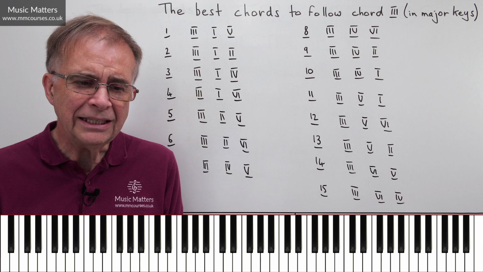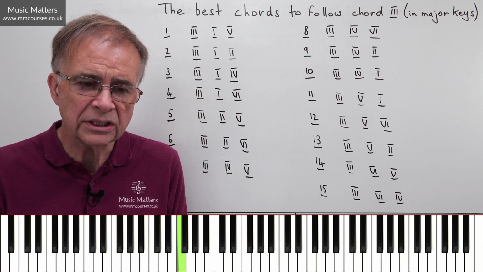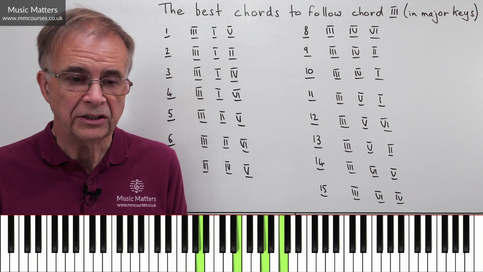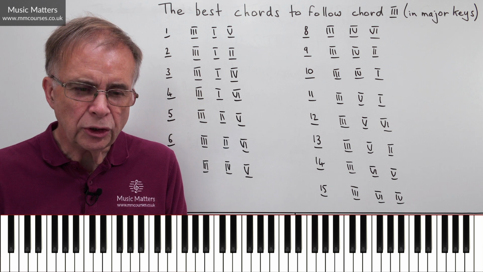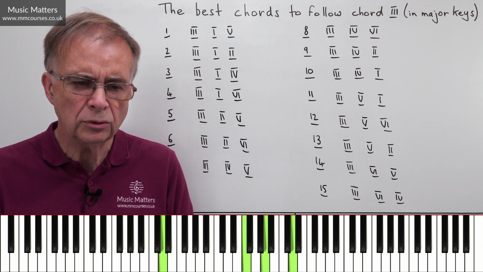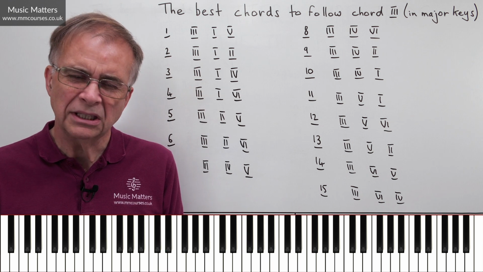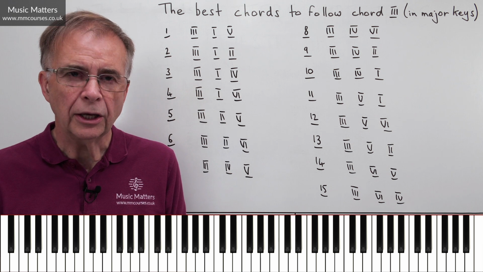Okay, option number 8, 3 to 4 to 6. So 3 to 4 to 6. I think that one works quite well. Option number 9, 3 to 4 to 2. So 3 to 4 to 2. Now you might think, is that convincing? Well, it might be if it goes on.